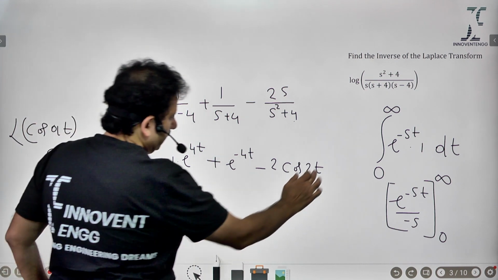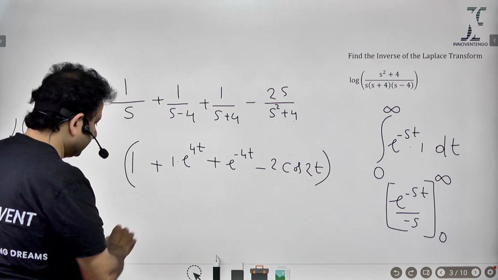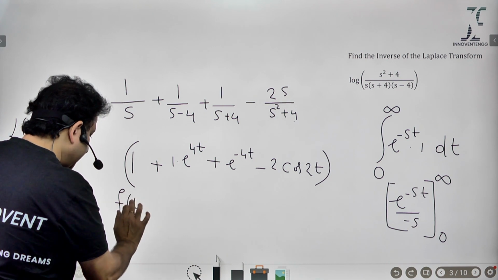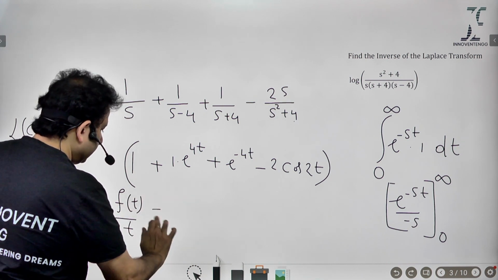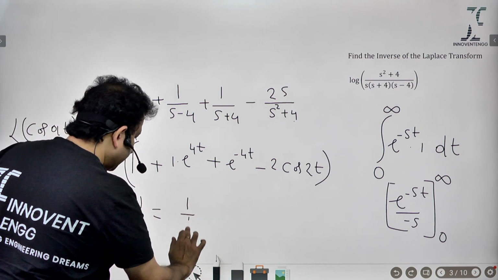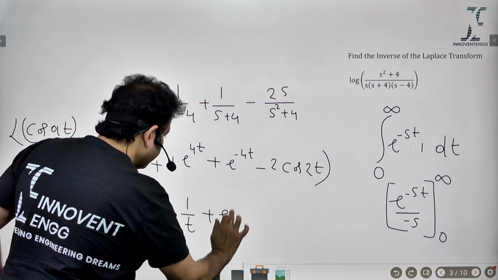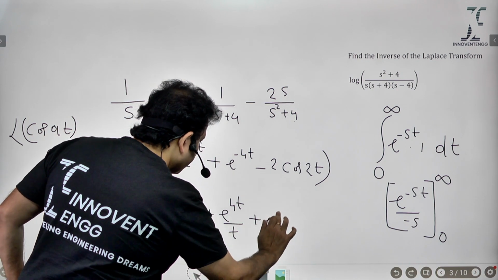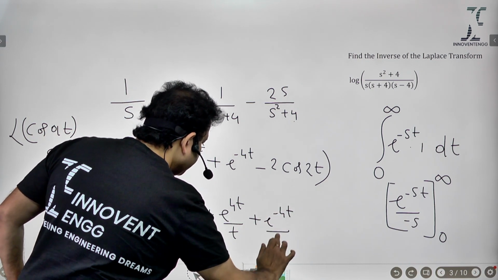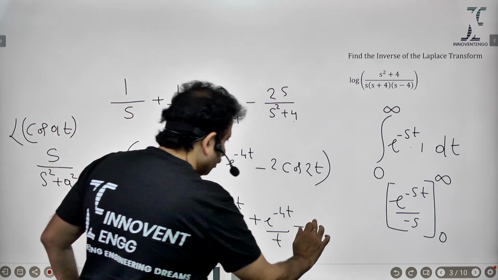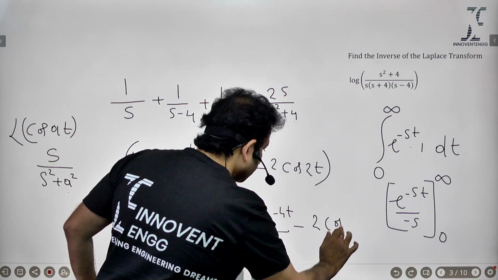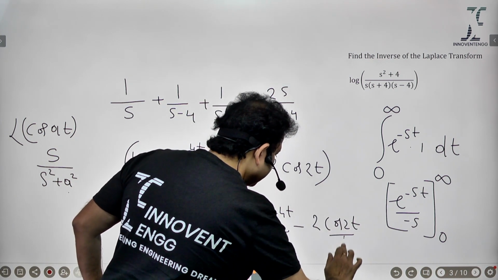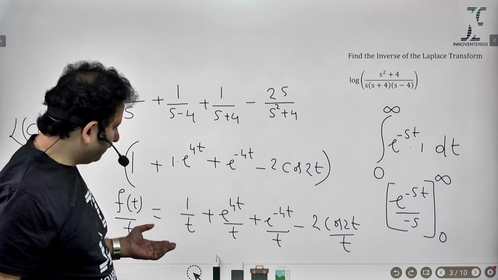The next step that I have to get my answer is f of t by t, and that is given by 1 by t plus e power 4t by t plus e power minus 4t by t minus 2 cos 2t by t. Now does it make sense?